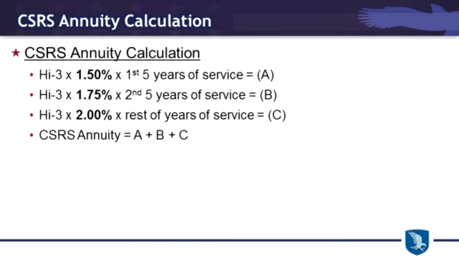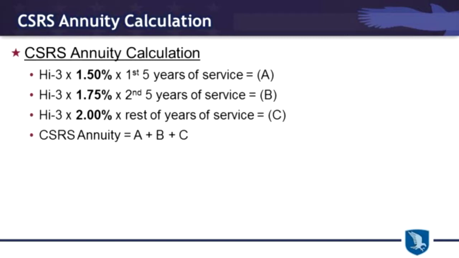Your high 3 times 1.5% times your first 5 years of service is the first component. Secondly, the second 5 years of service receive a 1.75% multiple. And finally, your high 3 is multiplied by 2% for the rest of your years of service.